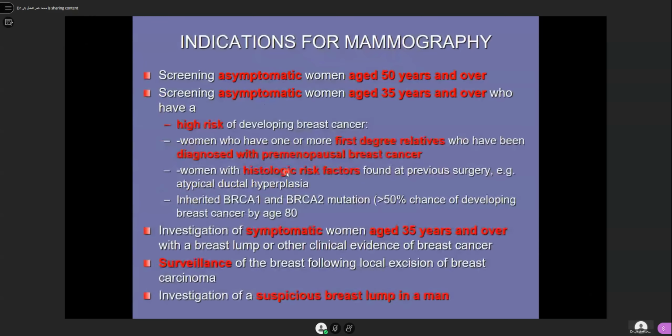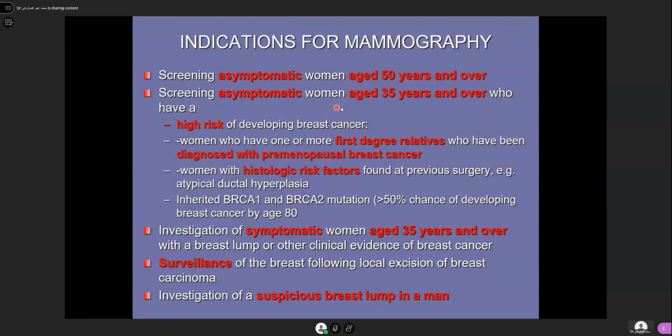So, what are the indications for mammography? As I told you, the main purpose is screening. So, screening in every woman who is above 50 years of age. If she is above 50 years of age, then we will perform screening.